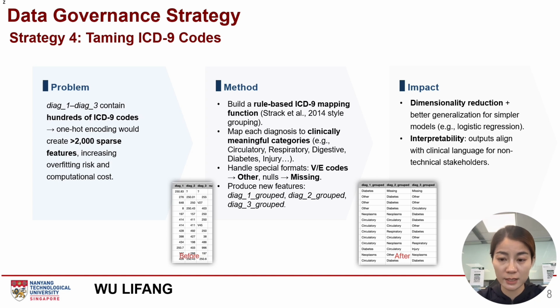To address this, we implement a rule-based mapping function aligned with the clinical classification scheme proposed by Zhao 2014, collapsing codes into a small set of meaningful categories such as circulatory, respiratory, digestive, diabetes, and injury. We also handle V and E codes as other and make missing values explicit. The result is low dimensionality and clearer interpretability.